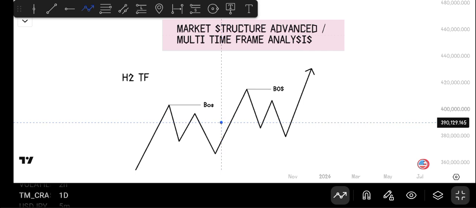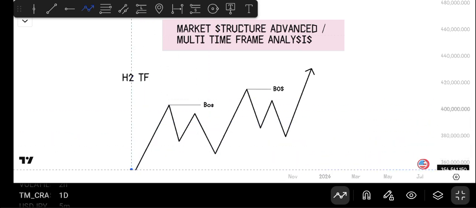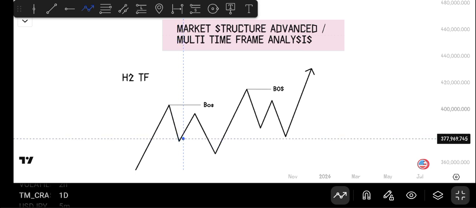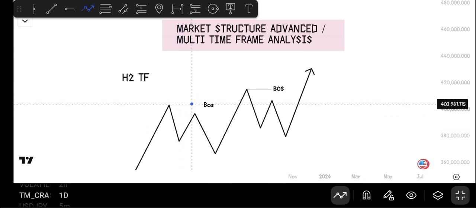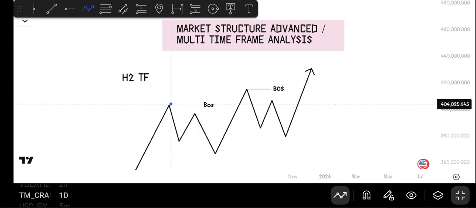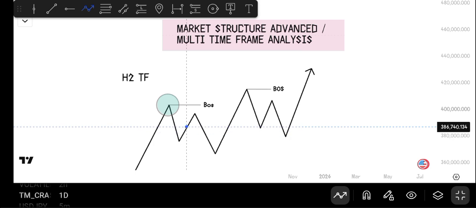On the 2 hour time frame you can clearly see that the structure has changed, unlike the daily time frame. So let me explain this. You see this, our swing range, when price pulled to the upside and gave this pullback. As long as this low never breaks this high right here, definitely it has not become a swing or a swing range. Now we have our swing high right here, or you can say a higher high right here. Now price pulled back and it pulled up once again.